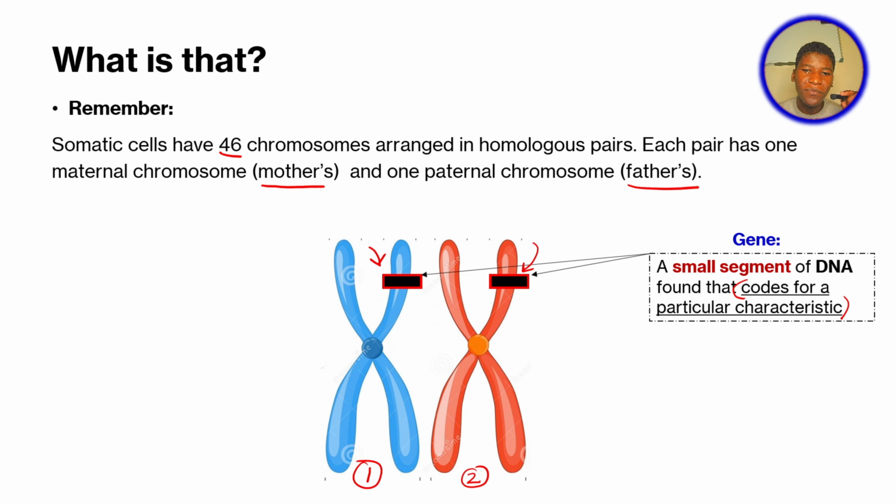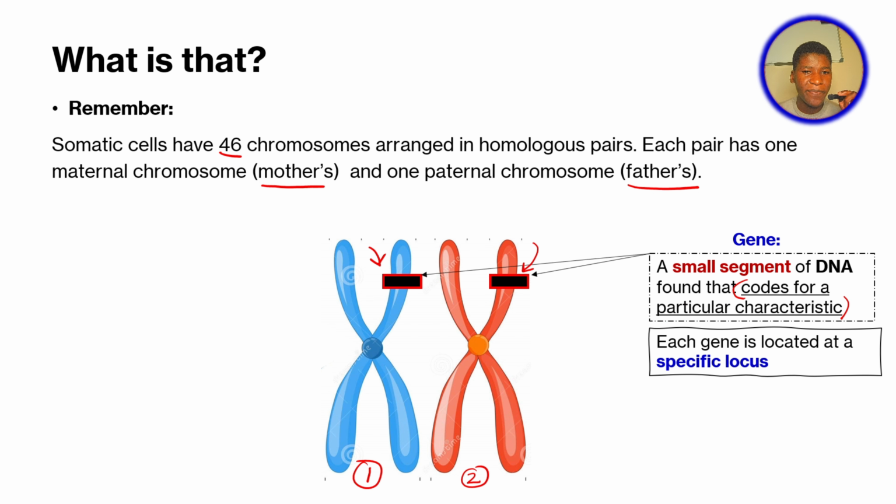It is the gene that makes you look the way you look. Genes determine our physical characteristics. And each and every gene is located at a specific locus. The position of a gene is known as a locus. So whenever they ask you about the locus, you say it is the position of a gene.